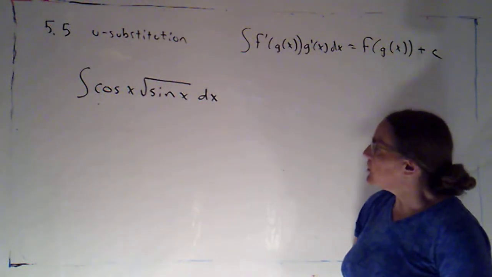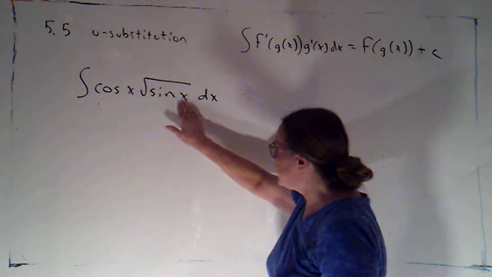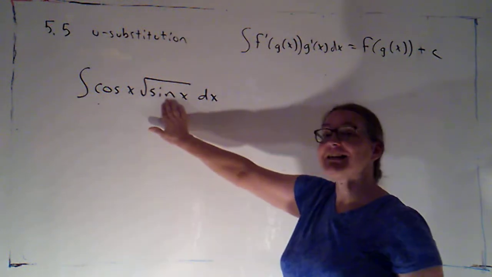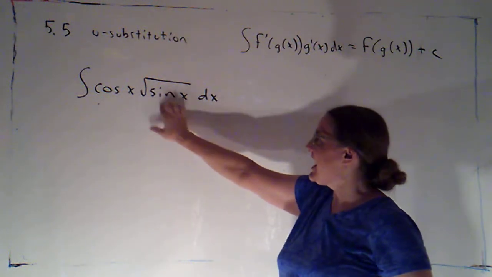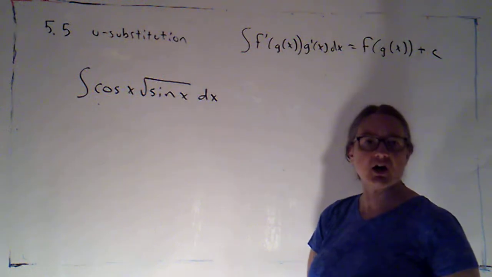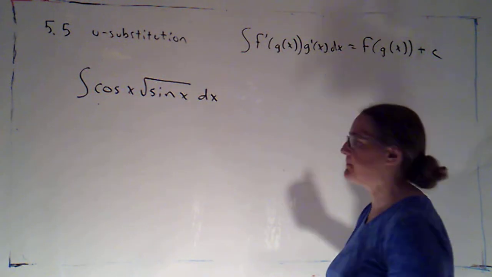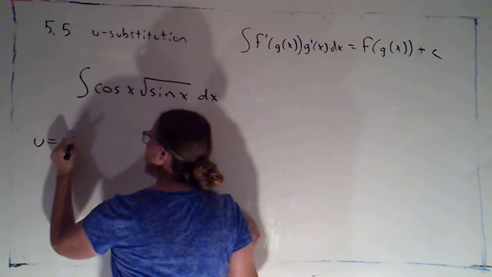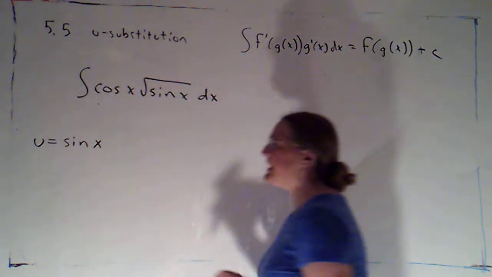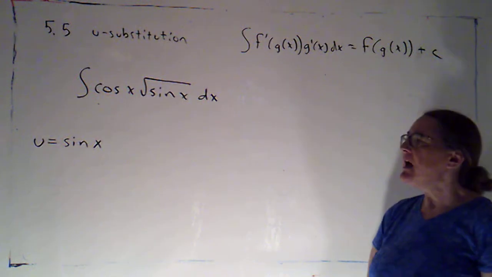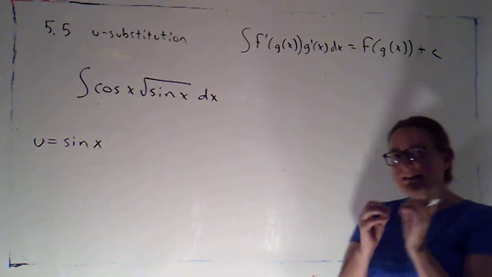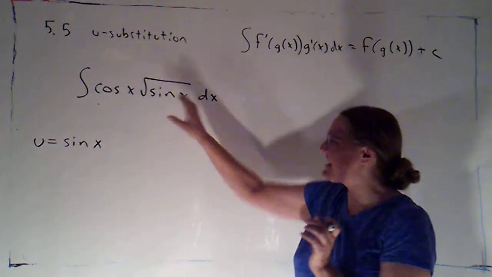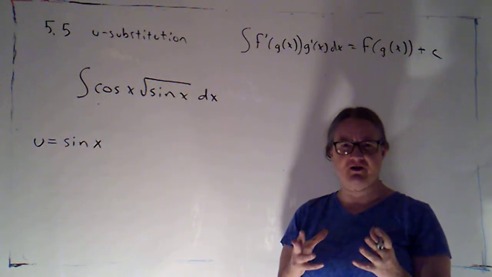Okay. So again, we've got here a product of two functions. One piece is a composition, and the inside part is sine of x. So I'm going to just call that u. I'm going to let u be sine of x. Because what happened is we didn't end up actually having to find an antiderivative of the trig functions here.